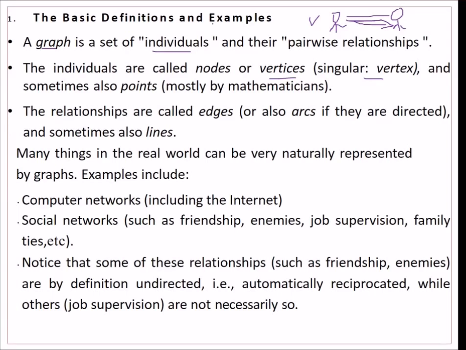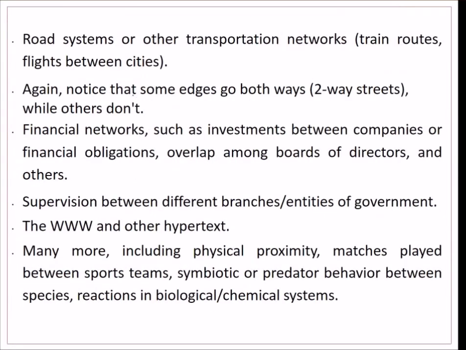Various things in the real world can be naturally and intuitively represented by graphs. For example, computer networks, social networks, any relationship can easily be represented. Also transportation networks, or say two streets, where the edge shows how these two streets are related.